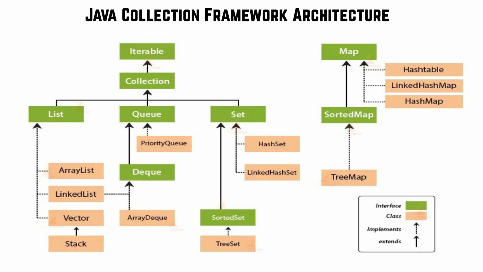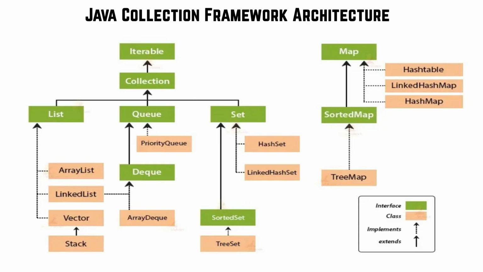Whereas TreeMap is implementing both SortedMap and Map interface, meaning again unique key-value pair combinations with unique keys, and it will be ordered. So those are the important classes and interfaces we're going to discuss today.